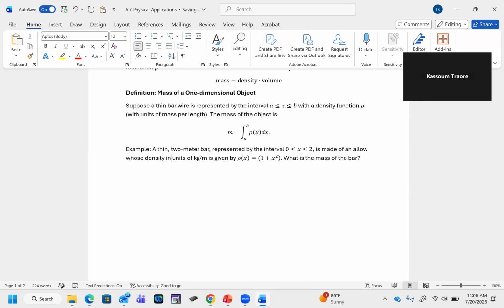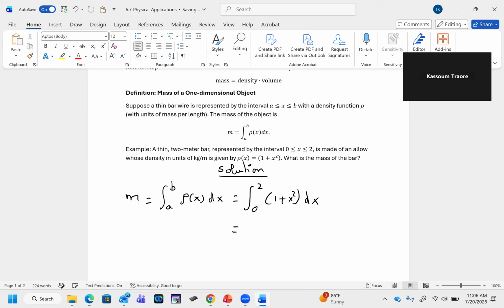So again, we will just solve. Then m, the rule will not change. We said m is what? The integral from a to b rho x dx, which both are given to us. A is 0, b is 2, rho x is 1 plus x squared dx.